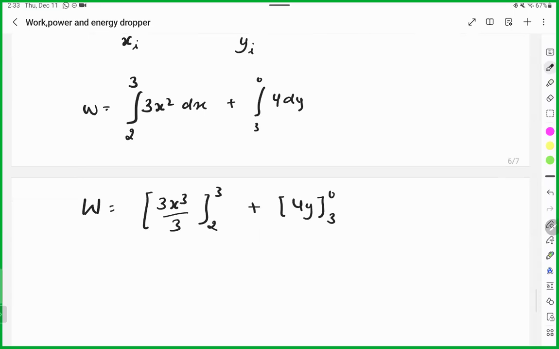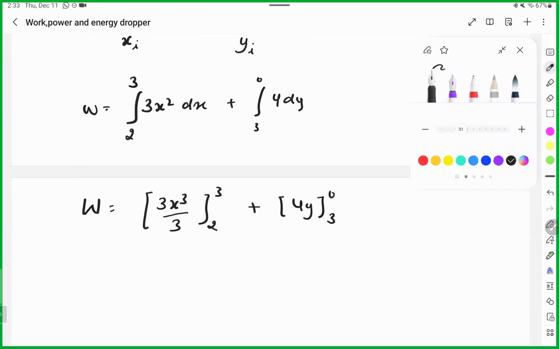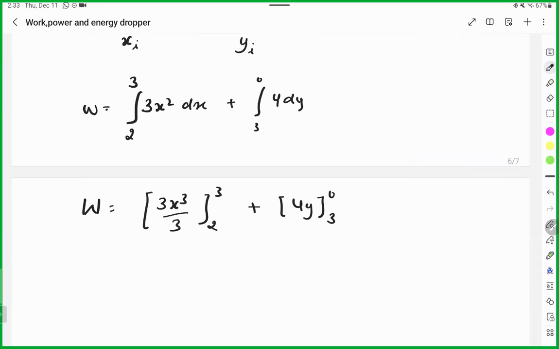Make sense? 4y from 3 to 0. This 3 cancels, y will come out. If you put the value 3, it will be 27. If you put the value 2, it will be 8. Plus, if you see here, final value 0, initial value minus 12. So what is the answer?